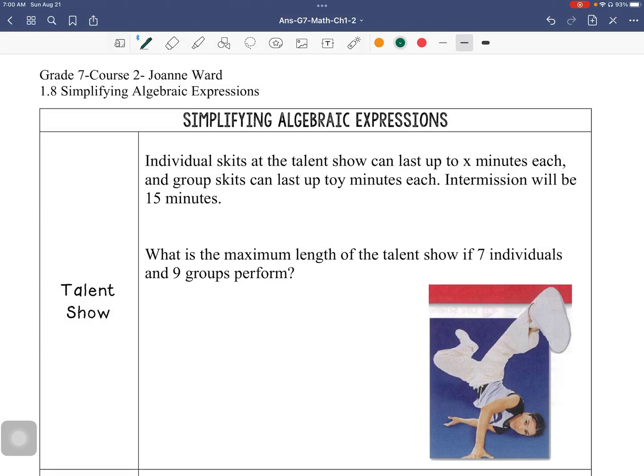So Course 2, Grade 7, I want to talk about 1.8, simplifying algebraic expressions.